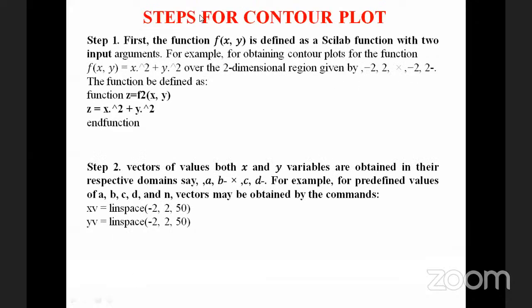Then these are the steps for a contour plot. For plotting a contour, in the first step, we have to define the function as a SCILAB function with two input arguments. This is the function, this is the output argument, and these are the two input arguments. And this is the equation. In step 2, I will take vector values of both X and Y variables.